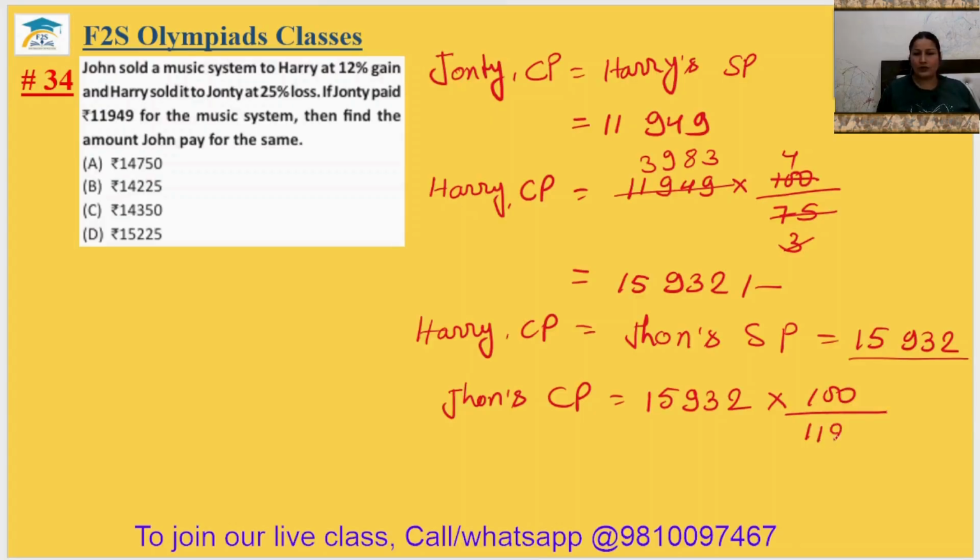So this is 112. Okay, when you simplify it, you will get 14,225 rupees. It means John has purchased the music system for 14,225. The 34th answer will be option B.